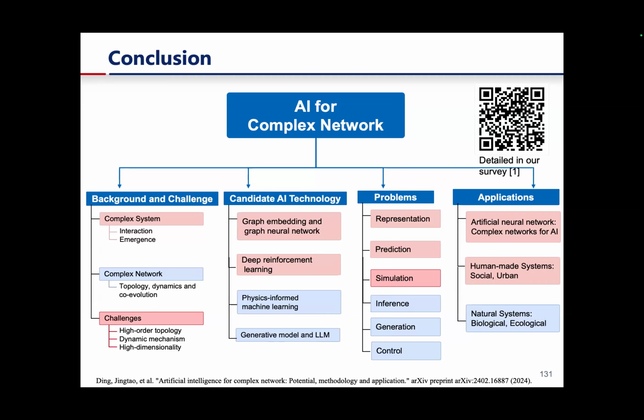We have also identified 6 typical problems: representation, prediction, simulation, inference, generation, and control problem. And also, Zhenyu has discussed two kinds of application scenarios for using AI in complex systems: human-made systems like social network and urban network, and also natural systems, biology or ecology networks.